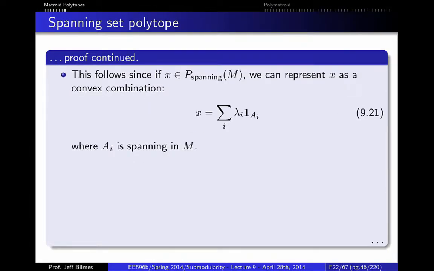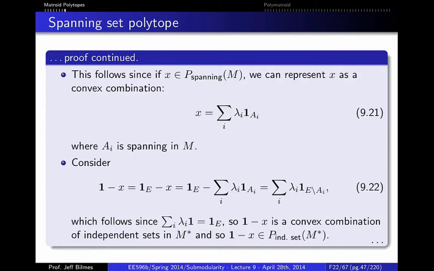Well, first of all, note that if you're in the spanning polytope of M, then that basically means that you're a convex combination of the characteristic vectors of a bunch of spanning sets. That's just by definition, because the spanning polytope is the convex hull of all spanning incidence vectors. Now, if we take 1 minus x, where x is in the spanning polytope, 1 is the vector of all 1s. We can also say it's the incidence vector of E, the ground set. And so we can write it this way.